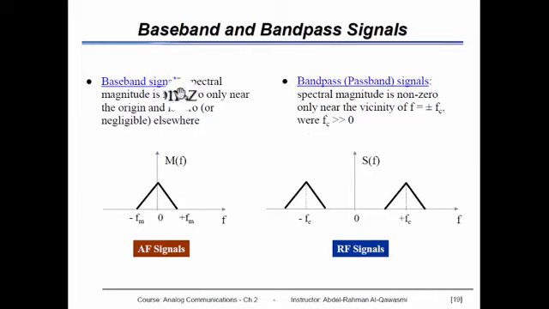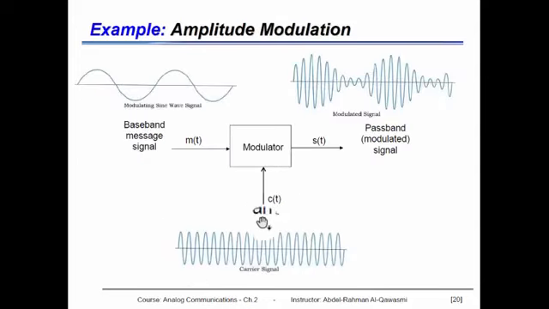You cannot transmit a baseband signal over the antenna, but you have to prepare the signal by modulation, by shifting, to be suitable for transmission using the antenna. So this is what we call baseband signals, and this is what we call band pass signals.